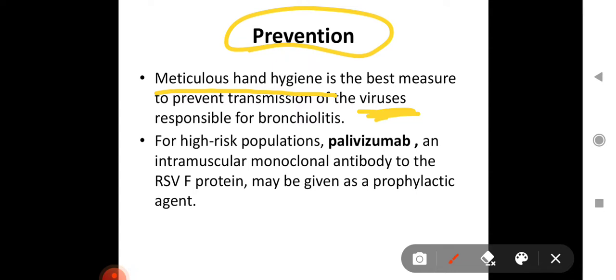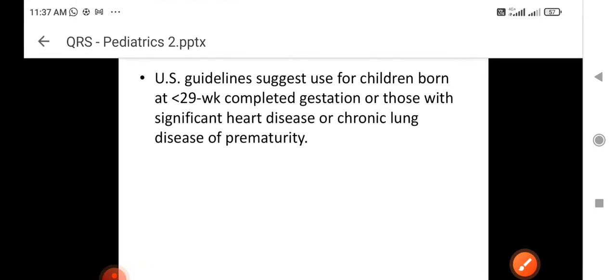For the high risk population, palivizumab, an intramuscular monoclonal antibody against the RSV F protein, may be given as a prophylactic agent. But in our country, this has not been started so far. We are not using such things, and it is just for studies, and they now have some recommendations in some Western countries of giving palivizumab to immunocompromised patients. Okay, so this is the way you prevent.